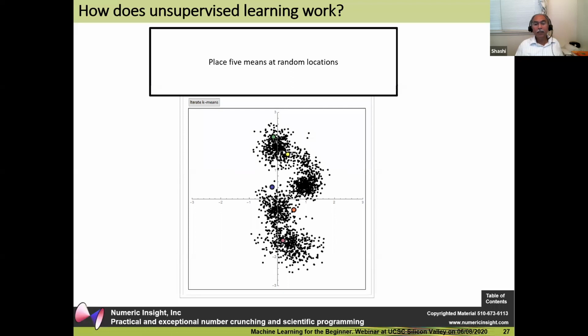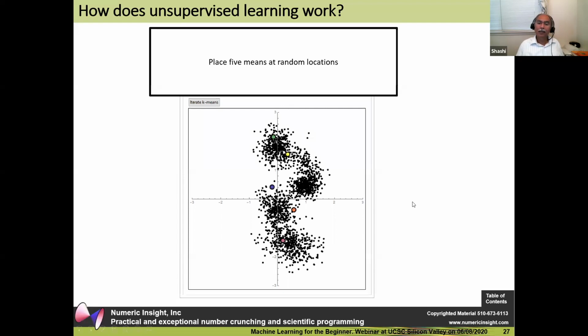Let's say my goal is to find clusters. I want to find some number of clusters. Let's say I want to find 5 clusters. How do you do it? You do it by just throwing 5 points in this space, totally randomly.